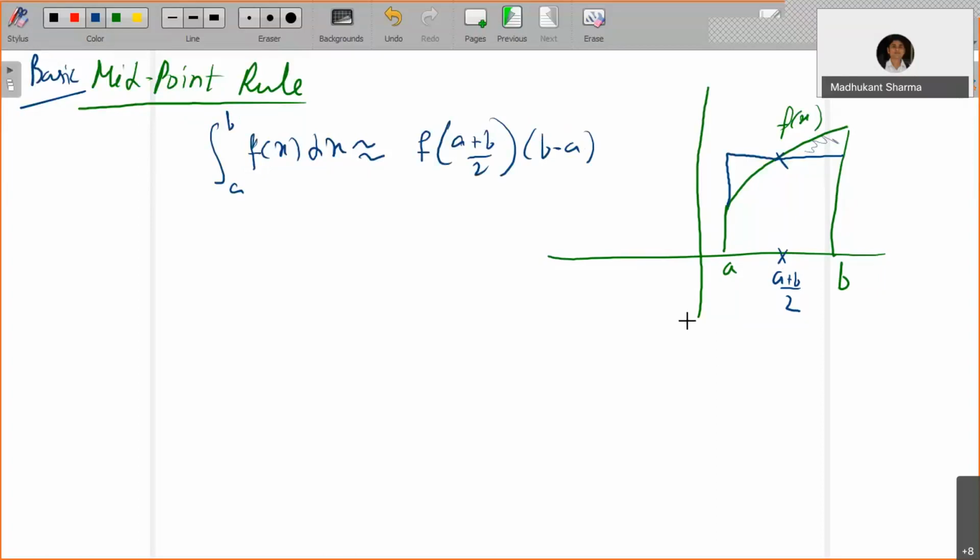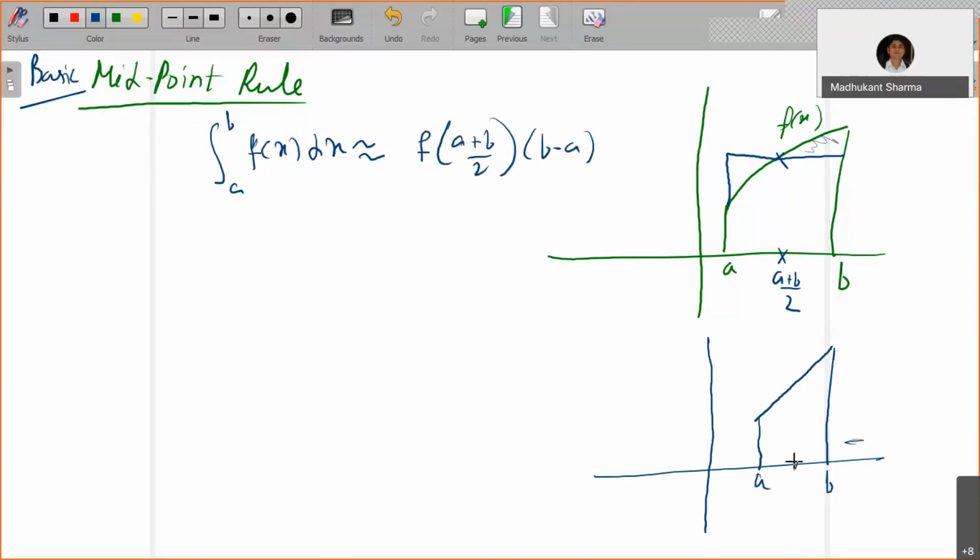Now look here. If you look at it geometrically, let's look at the straight line. Let's take this line, and let's say this is a and this is b.